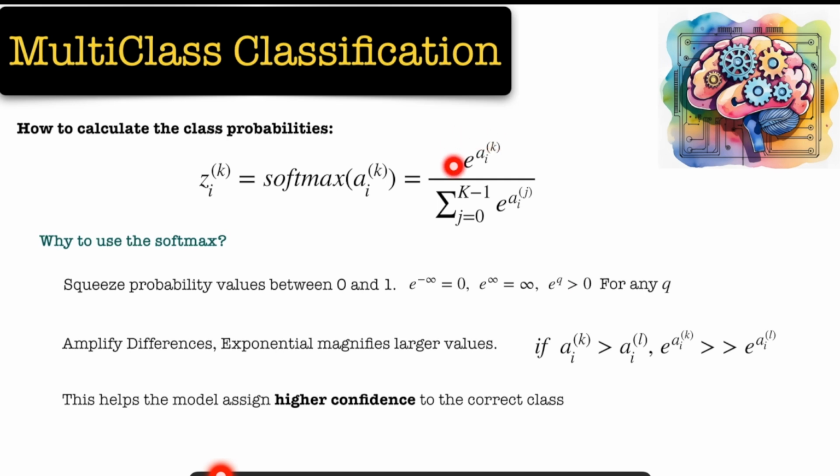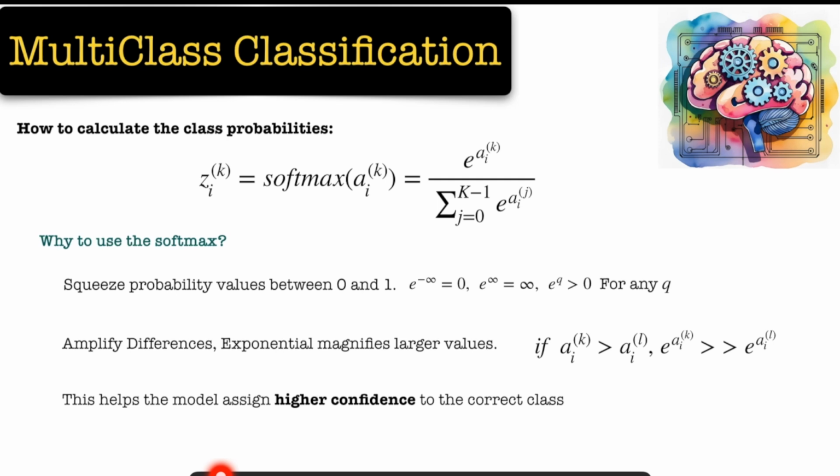So e raised to the power any value will be a positive value. Here e raised to the power Aik is for the kth class, and we are taking the summation for all the classes, not only for this particular class k. That's how it gives a probability between 0 and 1.